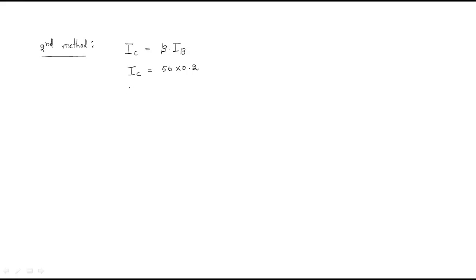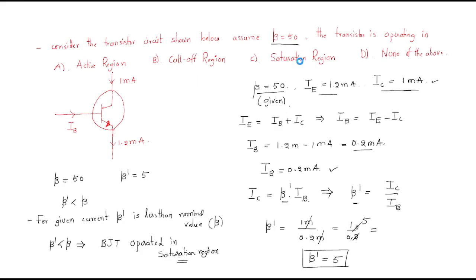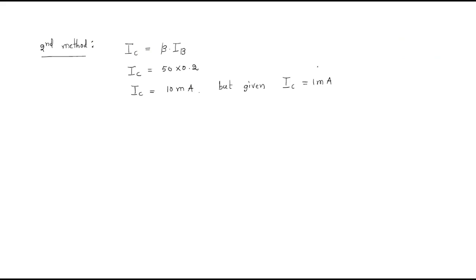Then we get the collector current equal to 50 into 0.2, which is 10 milliamps. But in the problem, the given collector current is actually only 1 milliamp.